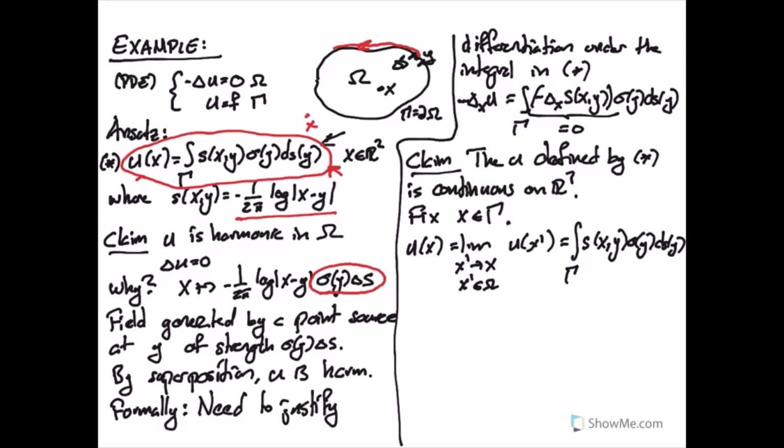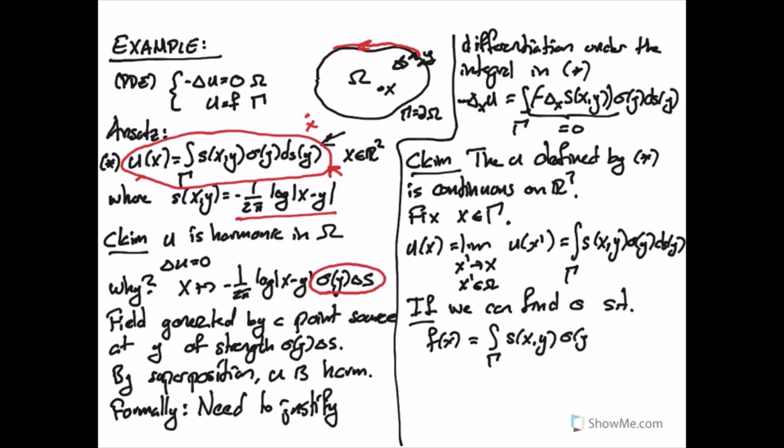So in other words, if we can find a sigma such that the following equation holds, that f of x is equal to the integral against sigma, and this must hold for all x on gamma, then u as defined by star satisfies the PDE.